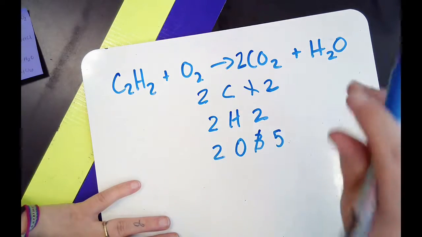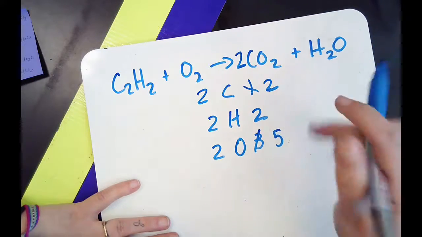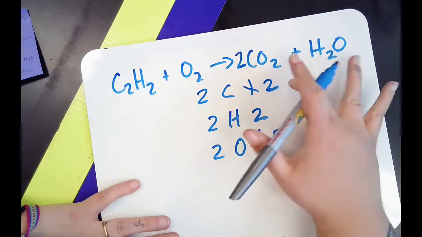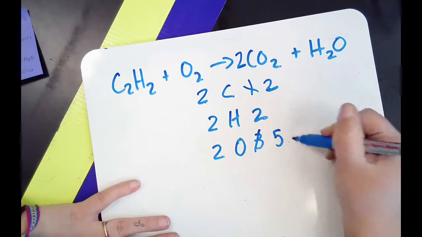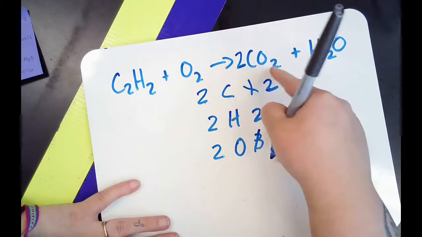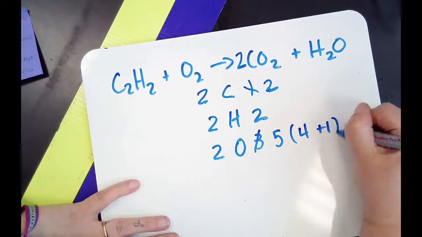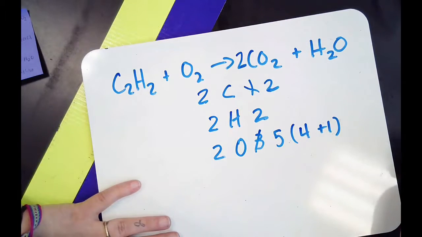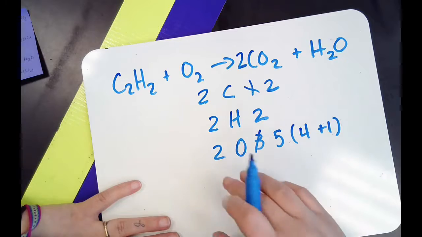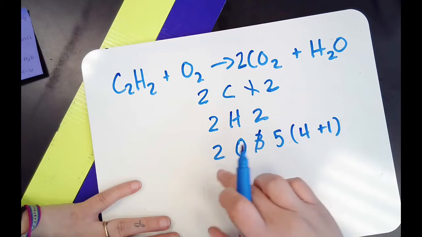Sometimes I like to think about these like when I have oxygen in 2 places on my product side. Instead of saying 5, can't I say 4, 2 plus 1? Isn't 4 plus 1 the same thing as saying 5? So if I want to get the balanced amount of oxygens over here, I can only put a coefficient there because oxygen's not in this compound.